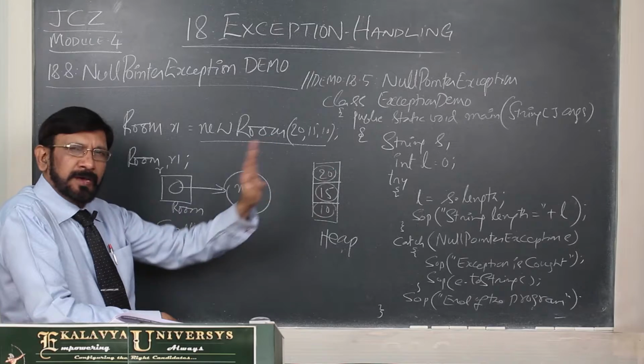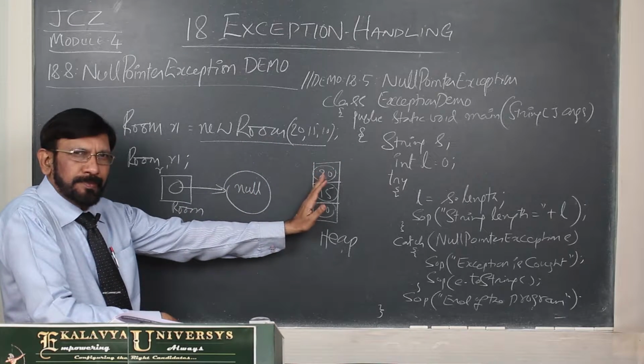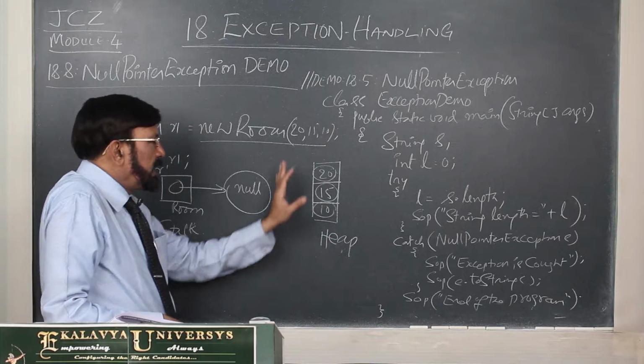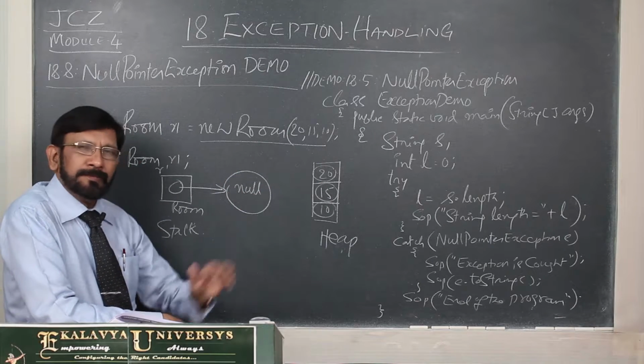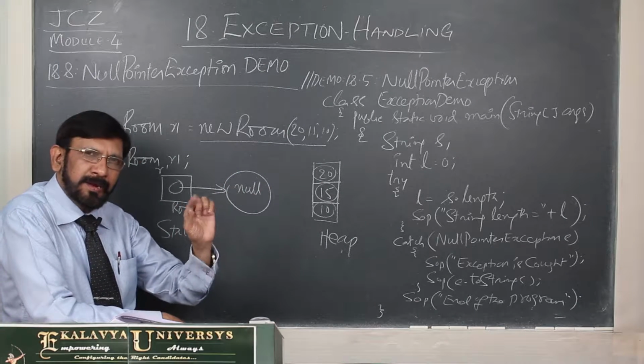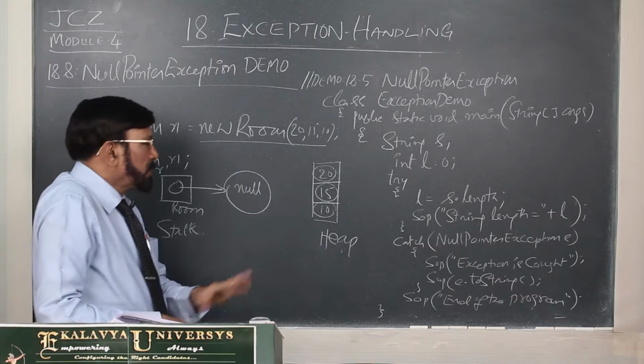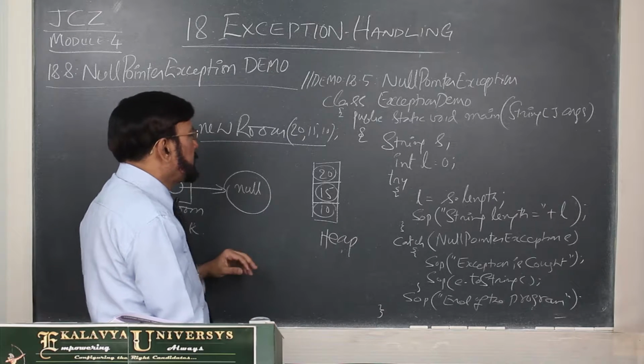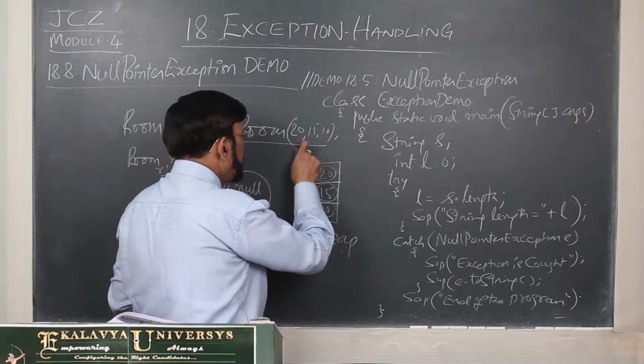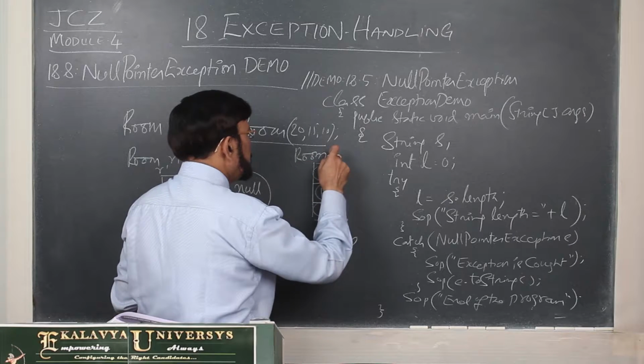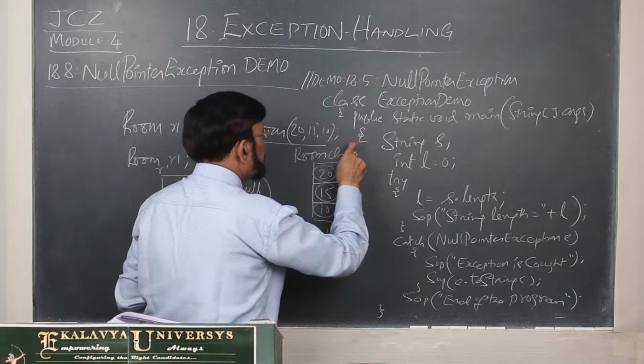So, objects are created on heap, and it does not have any name. On heap we cannot assign any names to them. So, how can you identify? You can identify it is a Room class object, that is all.